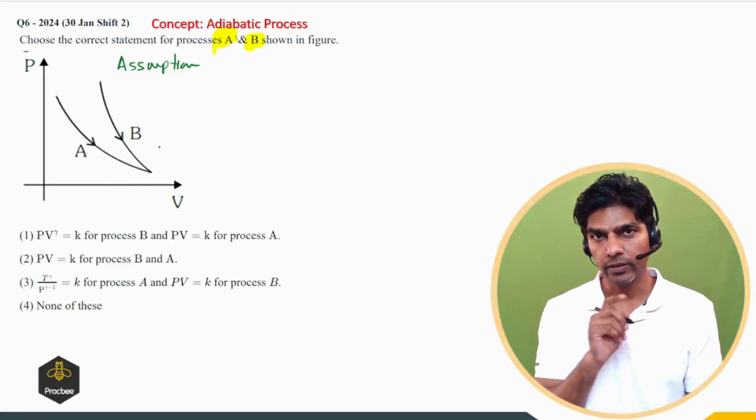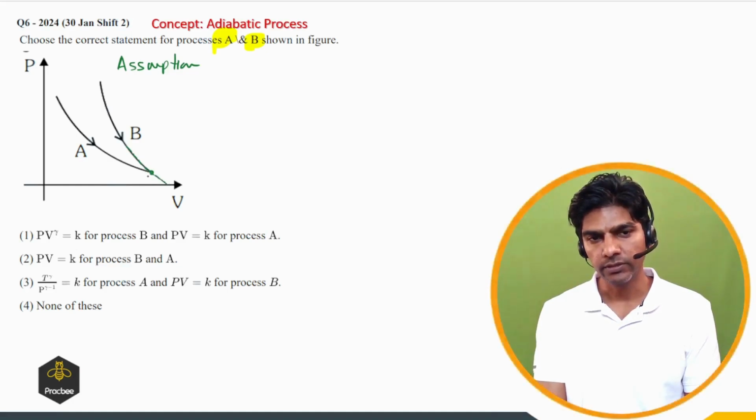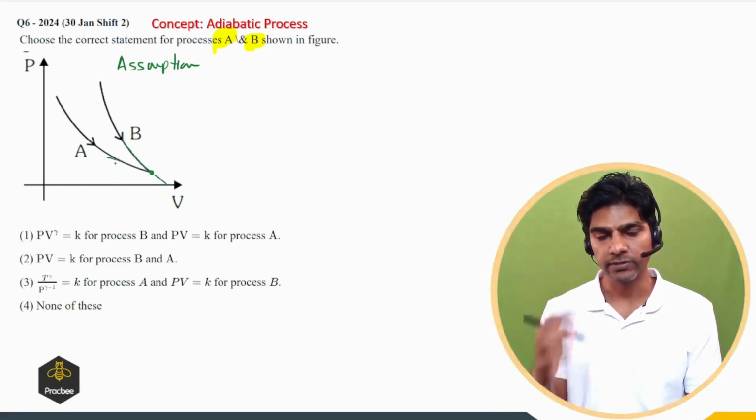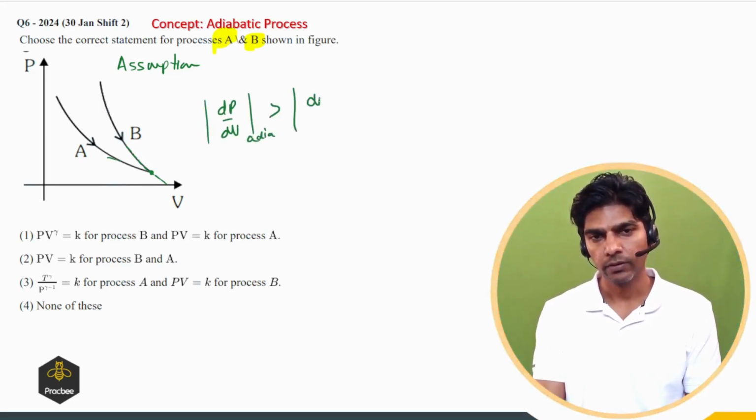In case of an adiabatic process, at a particular pressure and volume, the slope of an adiabatic process is always greater, that is, steeper. The modulus of dP by dV for an adiabatic process is greater than dP by dV for an isothermal process.